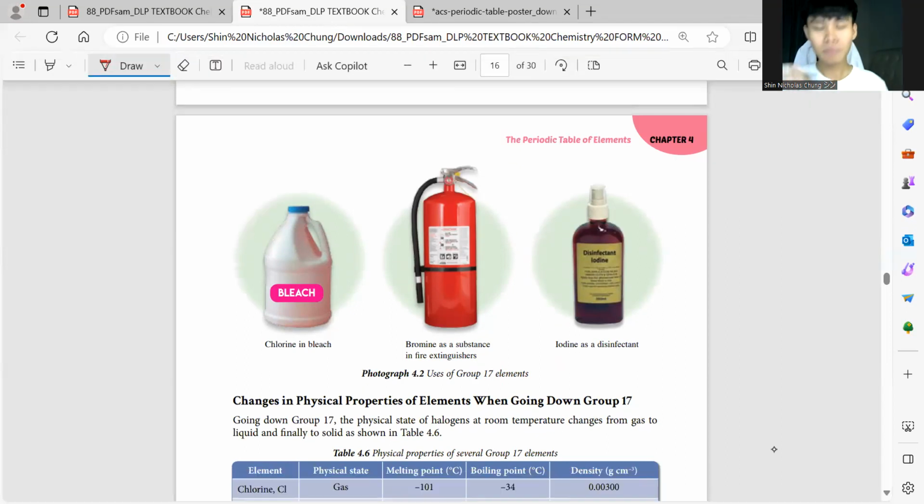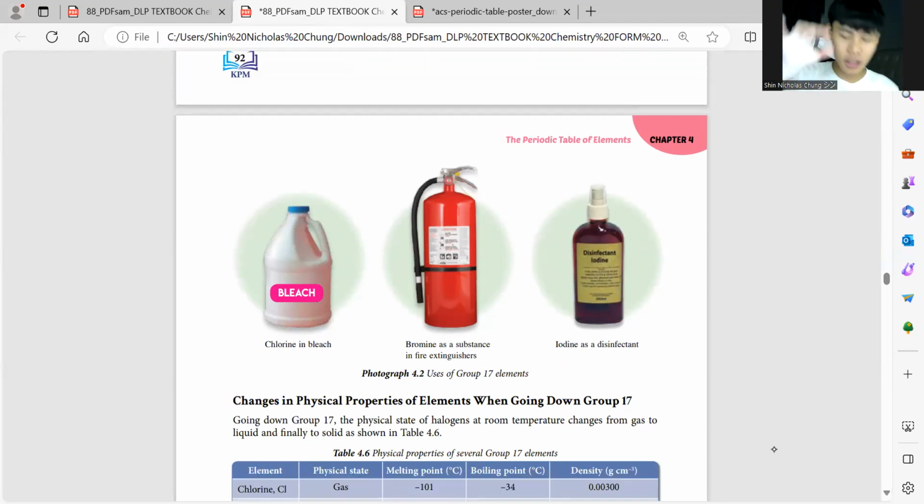When you mix chlorine with sodium, it is very different, because NaCl is table salt. You can eat it, and you're eating it all the time. Chlorine is also used to kill bacteria in the swimming pool as a disinfectant, to kill all the germs in the water. And chlorine in bleach is to whiten your clothes.